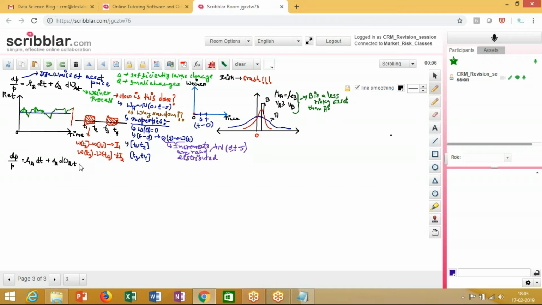Now this dJ is nothing but a change dummy, k dJ. So now, how does this incorporation into this equation cause an increase in the market risk, or bring in a change in the market, introducing risk into the price of the asset?